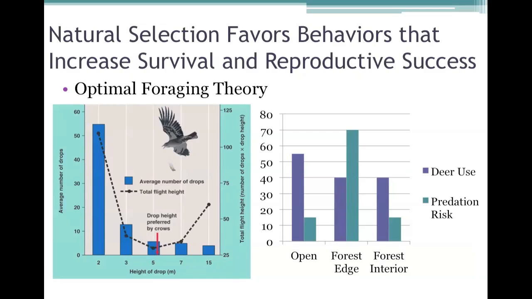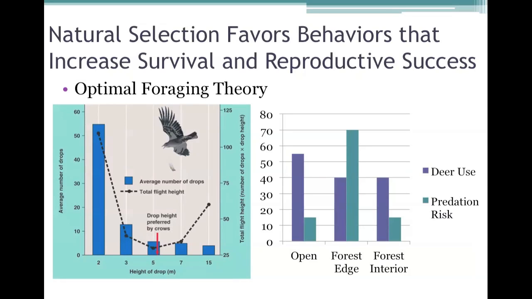The problem with both of these, if you're looking at the left-hand side, is that you've got to fly many times to 2 meters to get that shell to break. Even though you only have to fly a couple times to get the shell to break at 15 meters, the bird is still flying 15 meters high. And so what you can see with the dotted line is that the total amount of flying time is quite high.